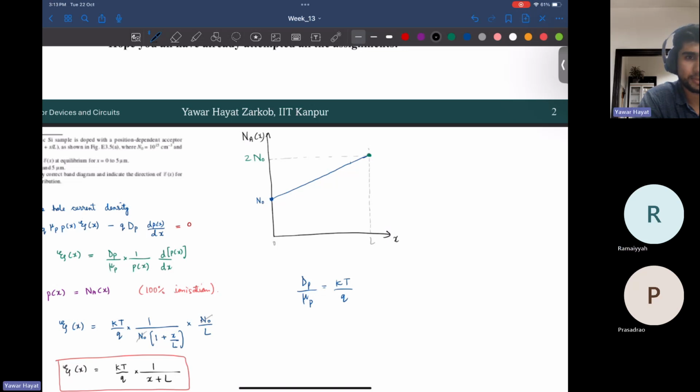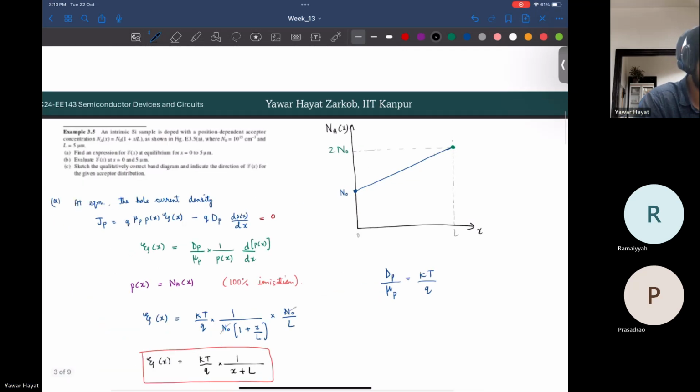Please try that out. What about you, Prasad Rao? How should we proceed on this one? Part C. How should we qualitatively sketch the band diagram? In other words, I need an expression for E_i of X, right? Or E_C of X or E_V of X, anyone among them.